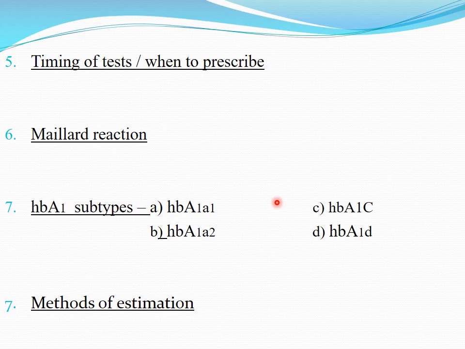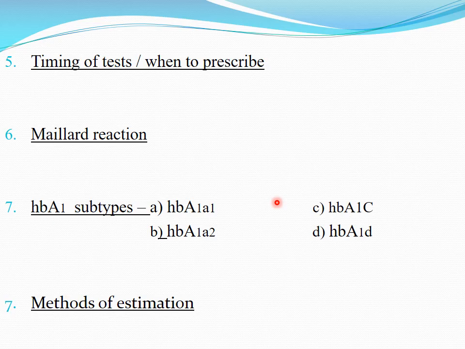And the RBC lifespan is very much related to it. It is usually 120 days, but it depends on the RBC lifespan. Wherever the RBC lifespan is decreased, the HbA1c value also reduces. So preferably now it has been shifted from 3 months to 2 months.